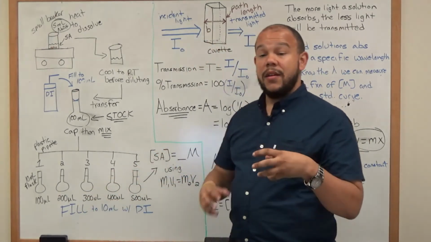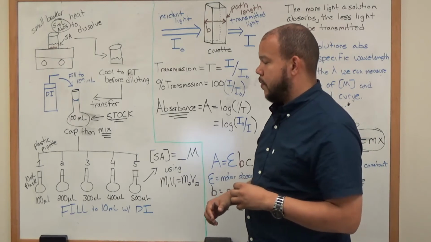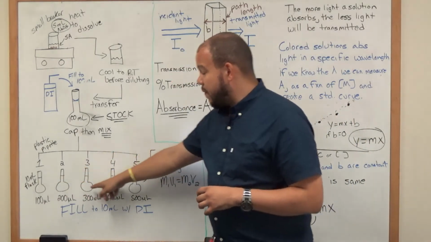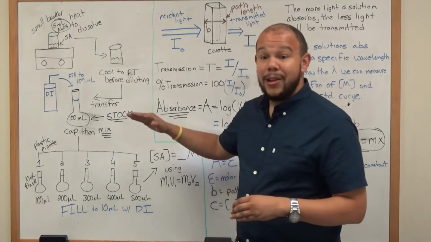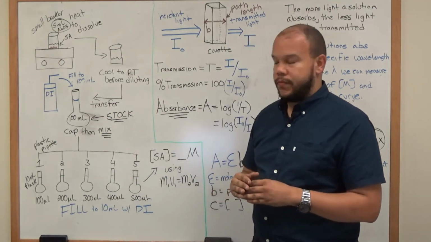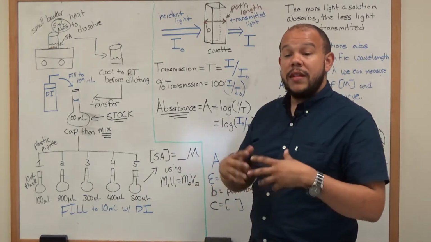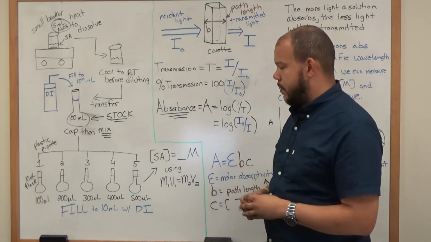And we have a conversion factor from drops to microliters, roughly. In each of these, we're also going to dilute, the same way we did for our stock, up to 10 mL for each of these. We're going to cap these, shake them, and make sure that they are mixed properly.